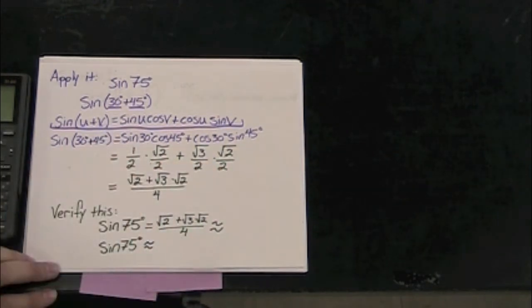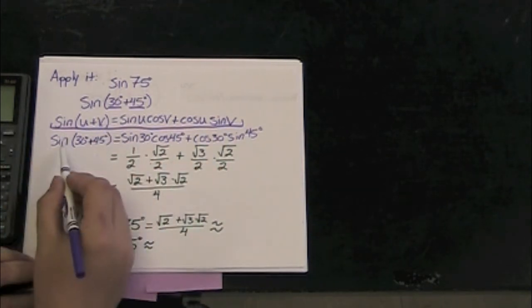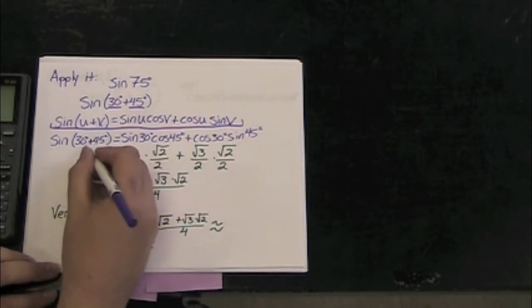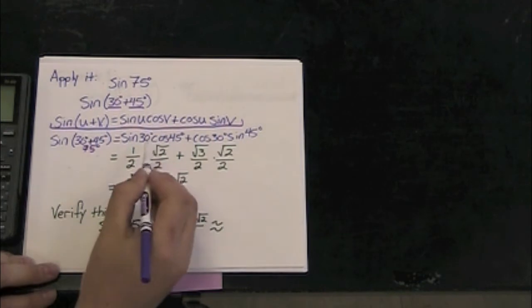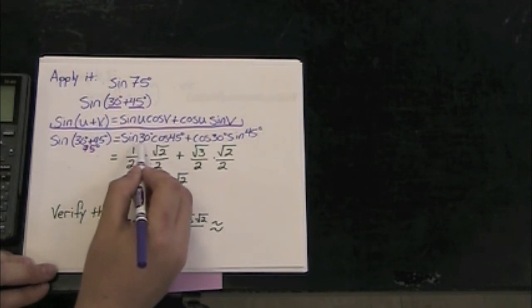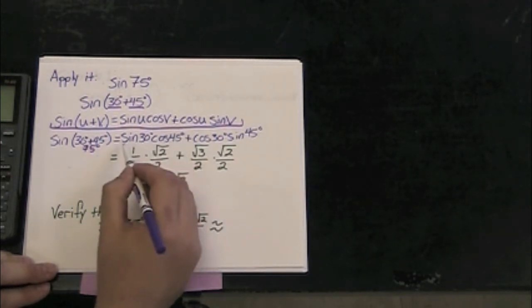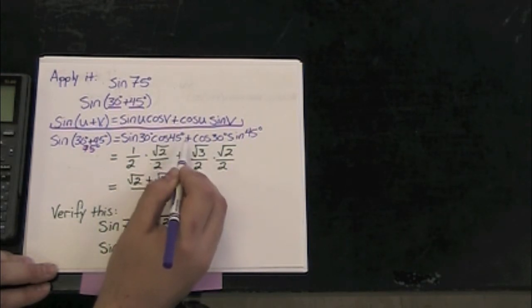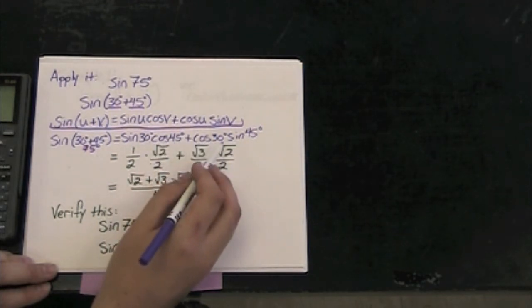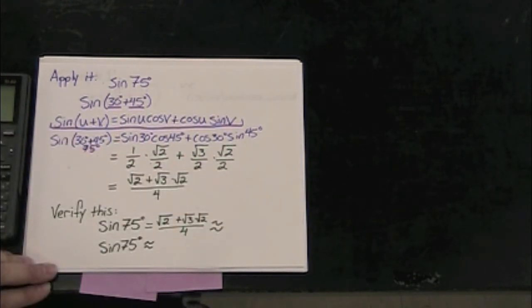When I plug my 30 and 45 in, sine of 30 plus 45, remember this is 75 degrees, equals sine of 30 times cosine of 45 plus cosine of 30 times sine of 45.